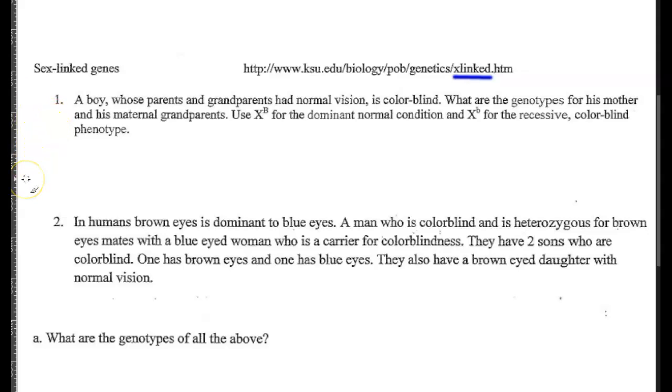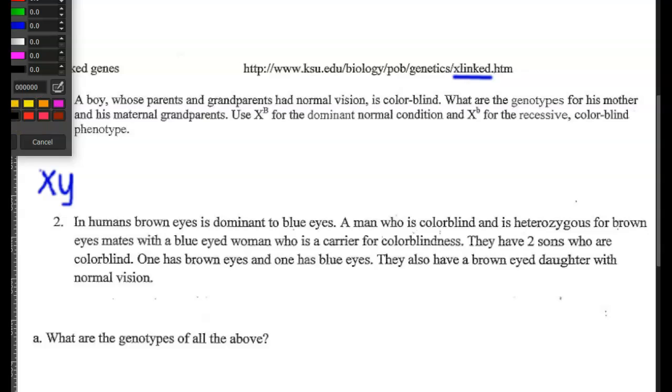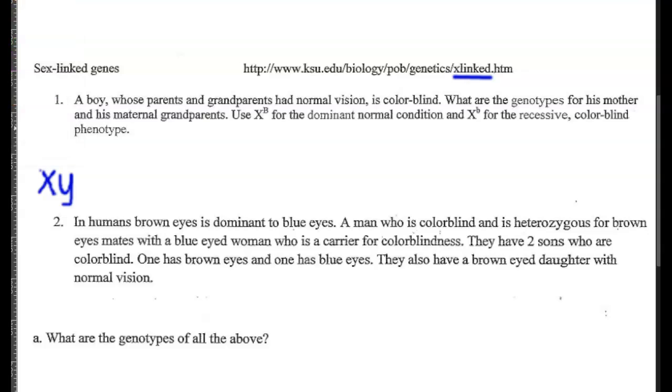A boy is colorblind, and they say use B. So he is colorblind.